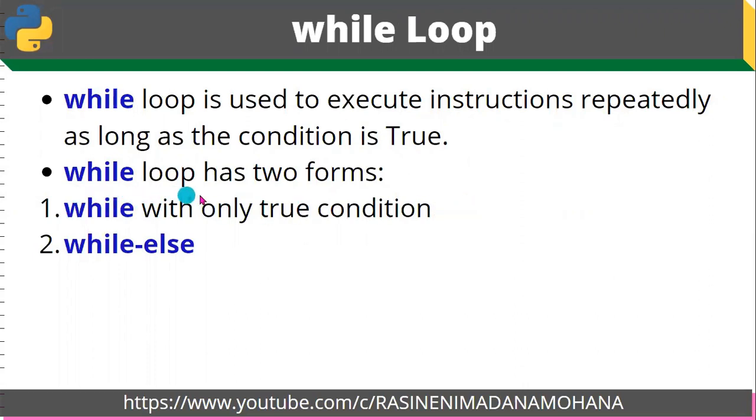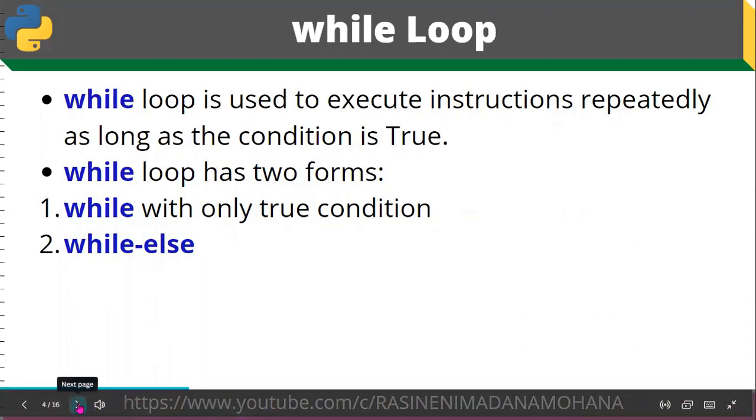The while loop consists of two forms. The first one is only while with the true condition. Then if you want an else part also, like if then else, there is another combination of while with else, which is called while else. Let us see the syntaxes of these two, followed by example programs.